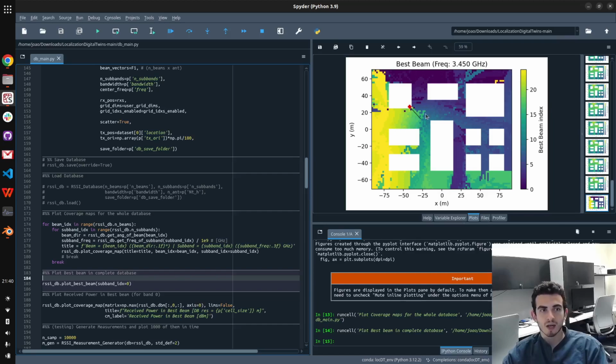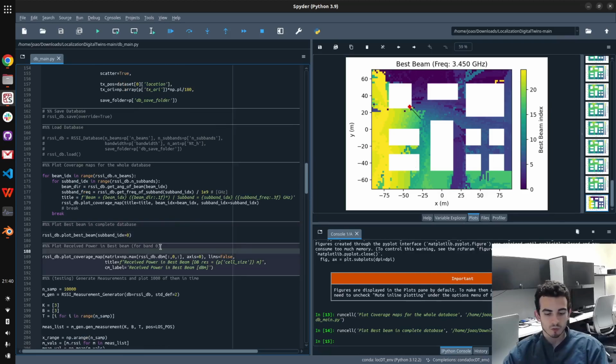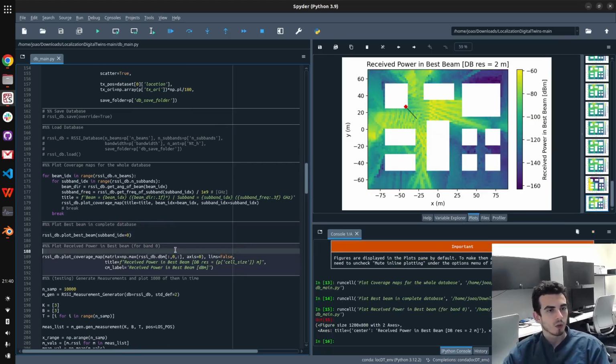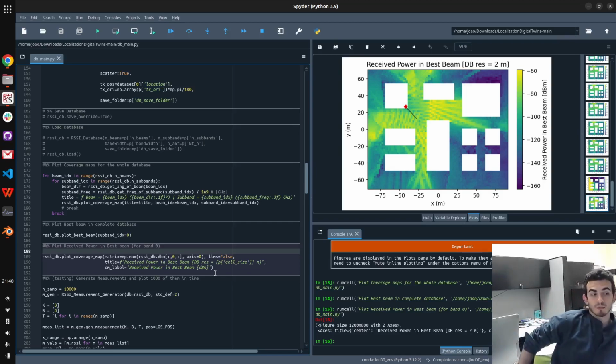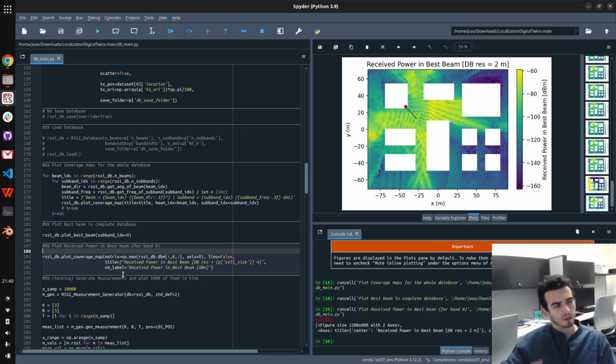We see the natural progression of beam 0 more to the left, and then we progress to the positive beams and beam 25 here on the right. We can also plot, just to understand better, what it looks like when the user receives the maximum power in each location. What is the maximum power possible by using the optimum beam? I just left this here for you to understand and to explore.